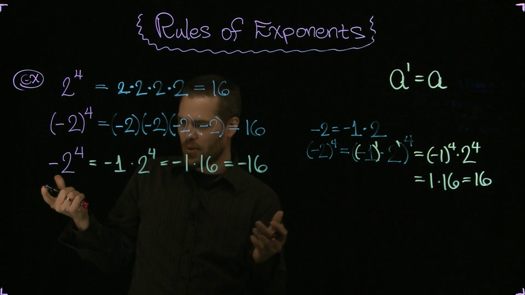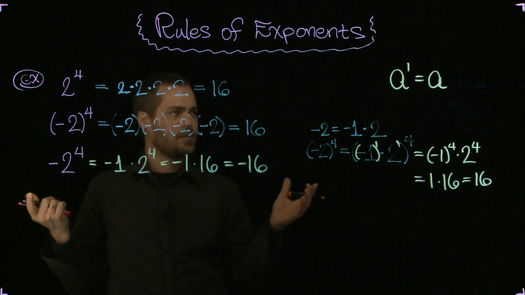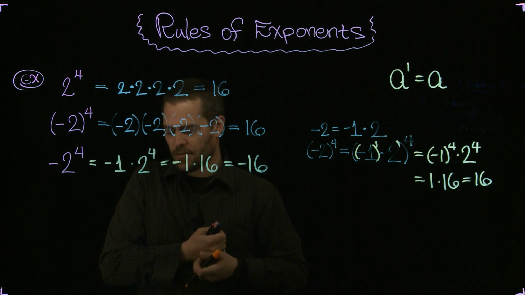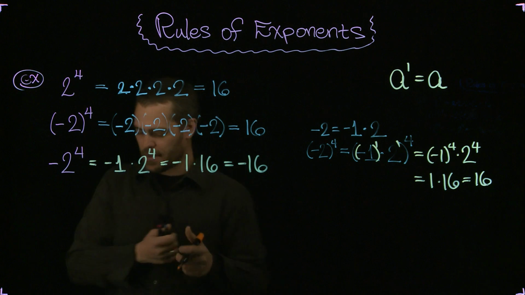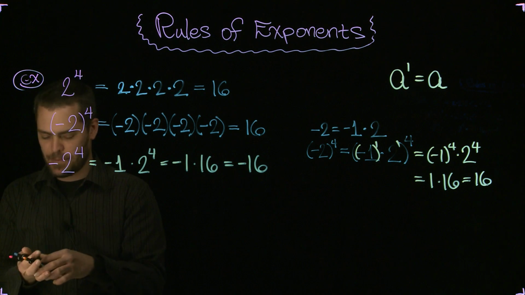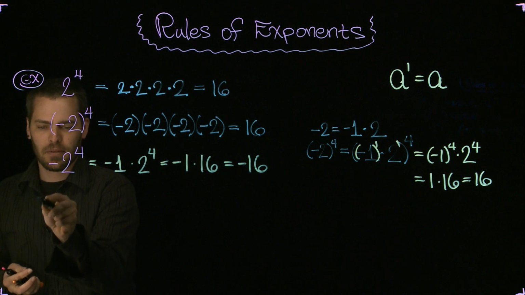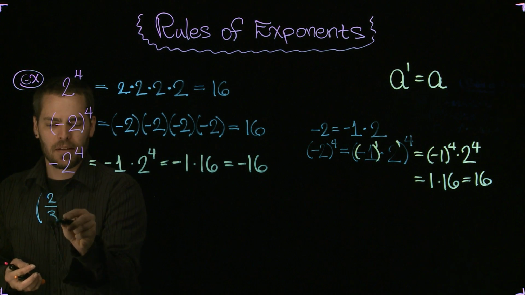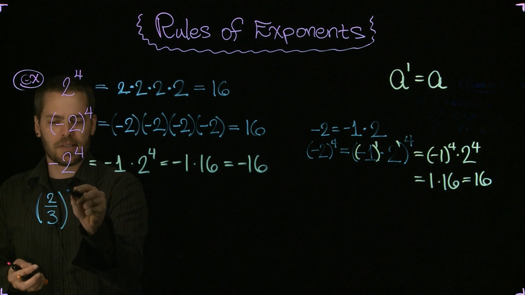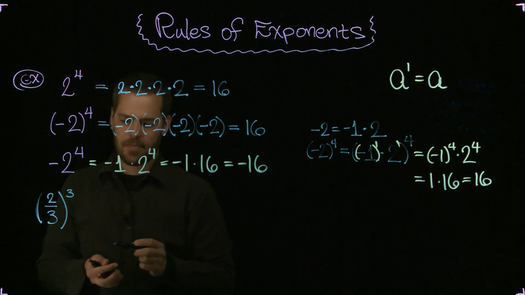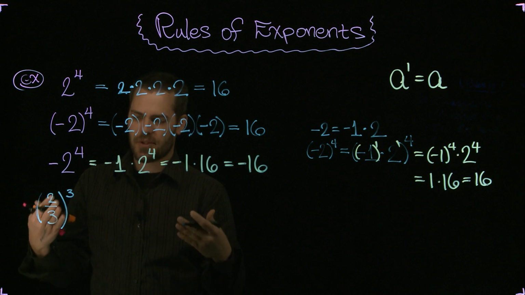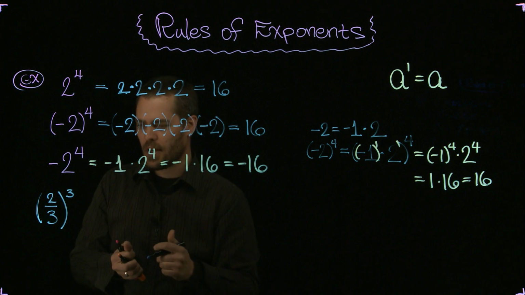So let me just give a few more examples, numerical examples of using the definition of exponents in the exponential form. And let's just see what they look like. Suppose we had a fraction, 2/3 to the third power, let's say. If I expand that out, it's 2/3 times 2/3 times 2/3.